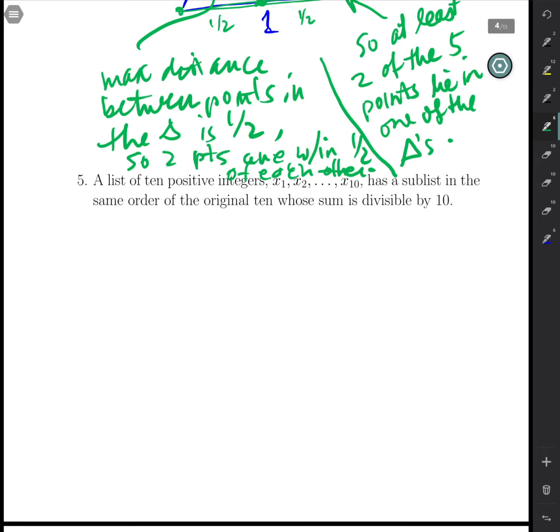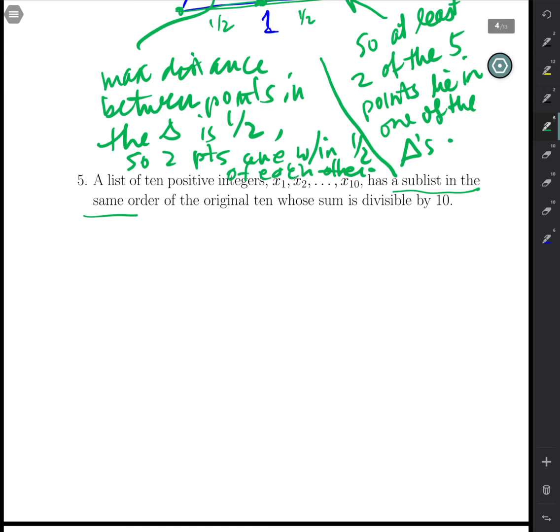A list of 10 positive integers has a sublist in the same order. It could be the whole thing, it could be one of them. But whatever ones we choose, say we chose 4 of them, they're in the same order as the original 10, whose sum is divisible by 10.